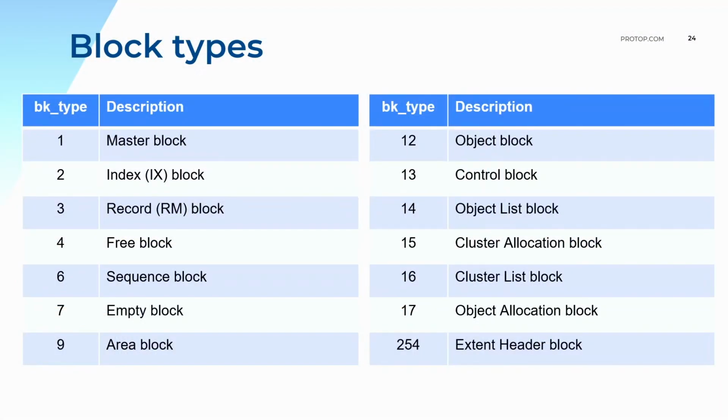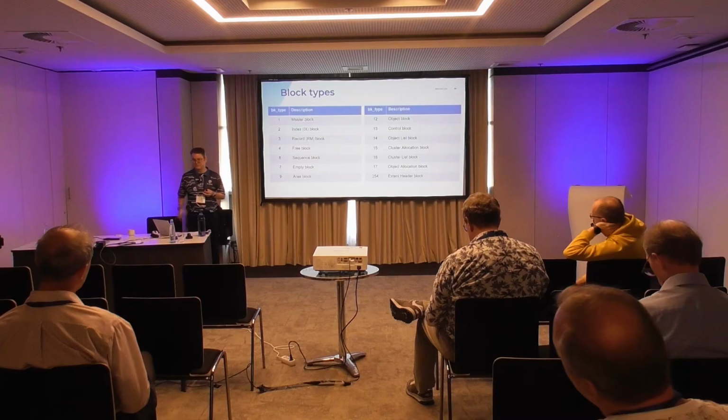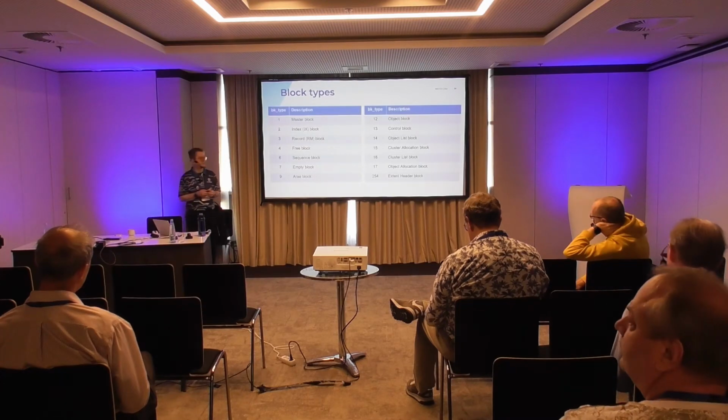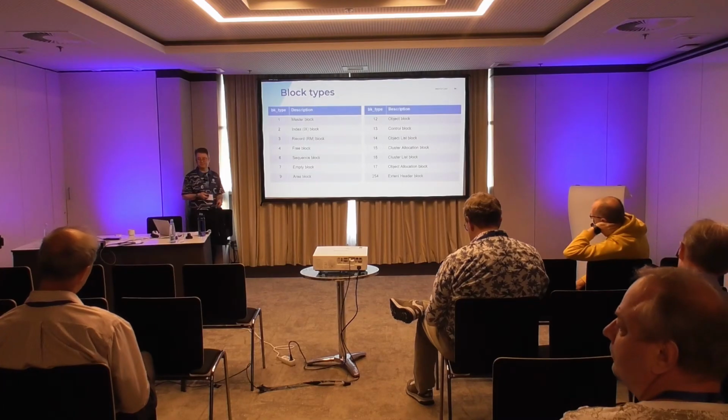So let's look at some block types. If you look inside one of your modern databases, every block you look at will have one of these 14 block types. They aren't all very interesting, so I'm not going to talk about all of them. Some of them are pretty easy to describe. For example, empty blocks are empty.